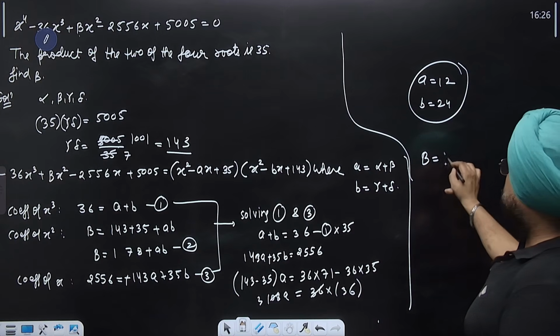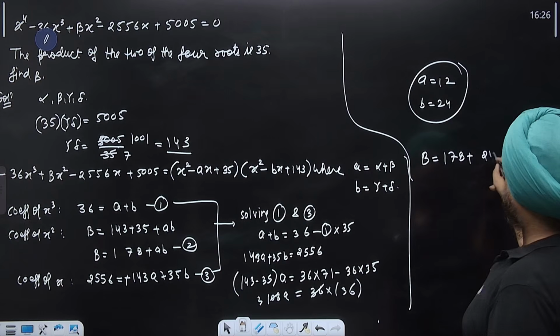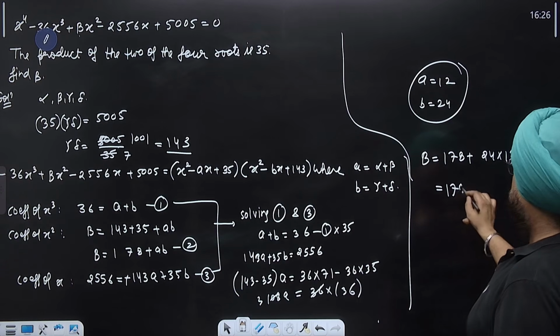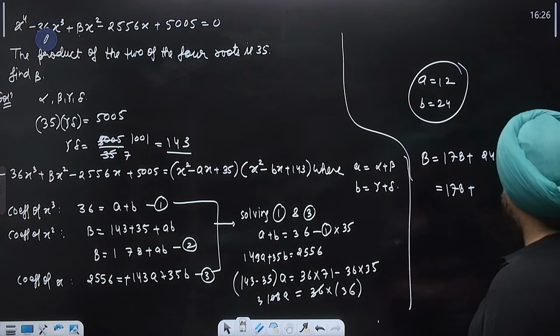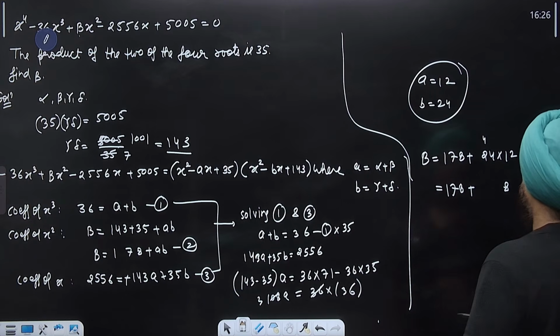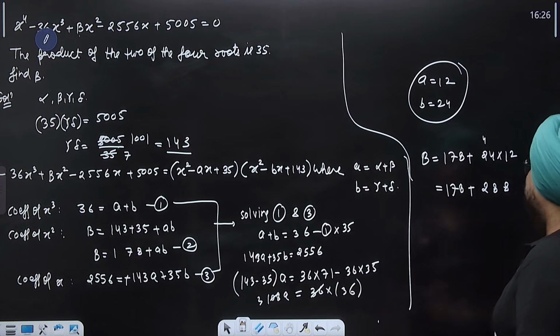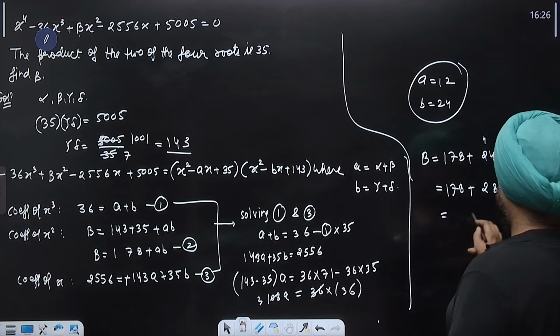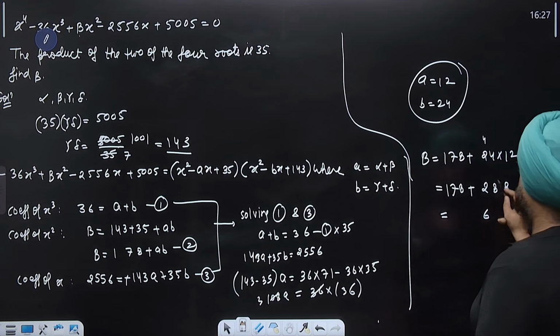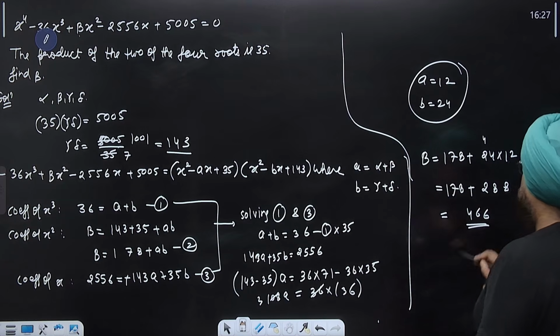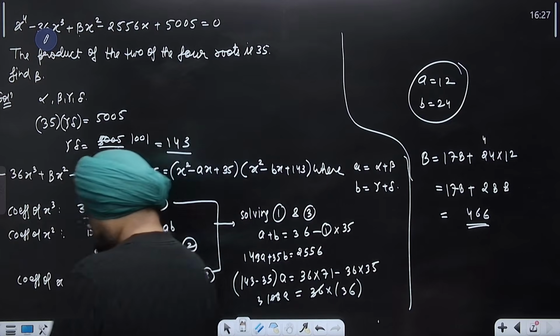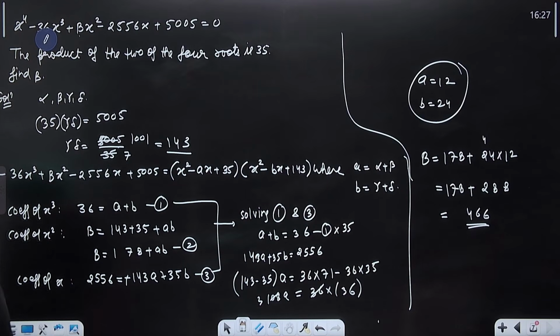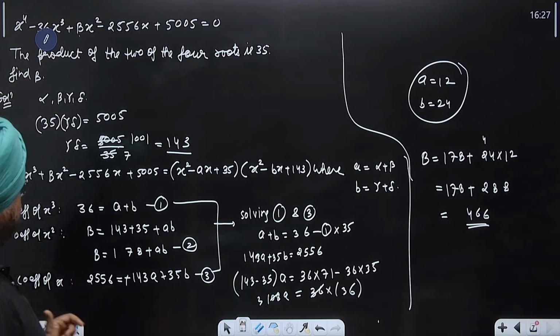So capital B is 178 plus 12 into 24. That was some calculative question. 288. And the value of capital B is 143 plus 35 plus AB.